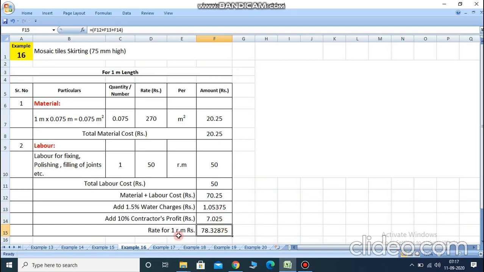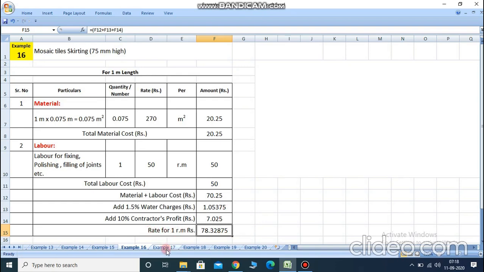Now summation rate for 1 running meter is 70.25 plus 1.053 plus 7.025. So overall summation of all these three values, we got the answer 78.32 rupees. So it's the rate per running meter of mosaic tile skirting.